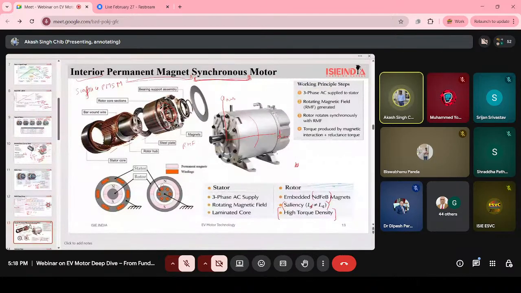If the saliency has no difference and is equal, there is no movement. If there is a difference, the rotor tries to move forward. If there is no difference, the rotor will not move. So that difference is a must inside this PMSM motor.